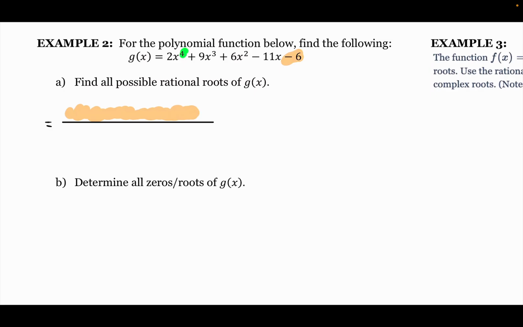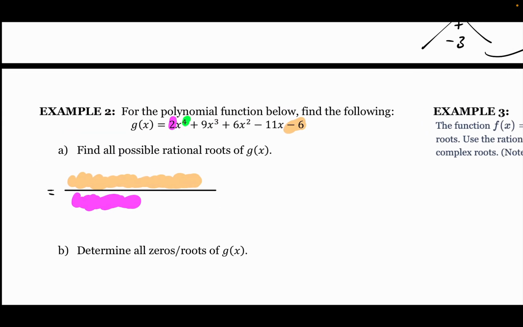On bottom is a list of the factors of 2, because that's the leading coefficient. All right? So what are all the numbers that multiply to make -6? There's not a lot. How do I make -6 using multiplication? 3 and 2. One of them's got to be negative, right?